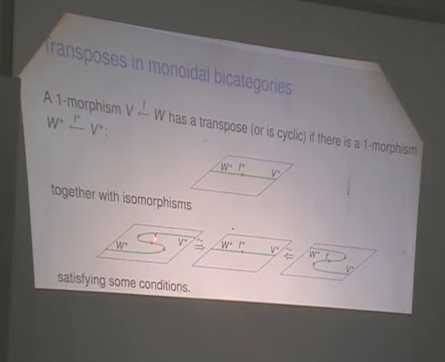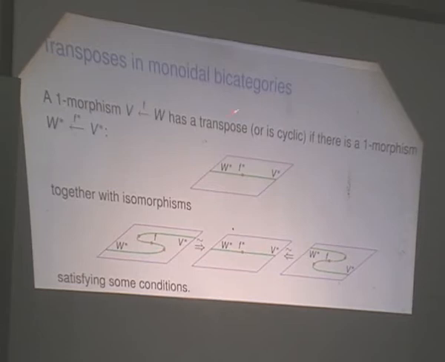If we make it a map from V star to W star in these two different ways, using either evaluation and co-evaluation, or co-evaluation and evaluation, then we should get the same answer. But we're in a two-category, so we don't want to talk about one-morphisms being equal. We want to talk about them being isomorphic. So we want to specify natural isomorphisms between these two things.